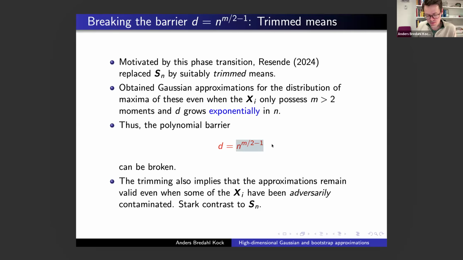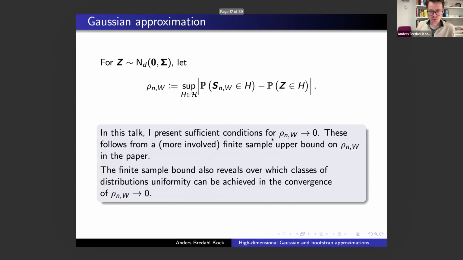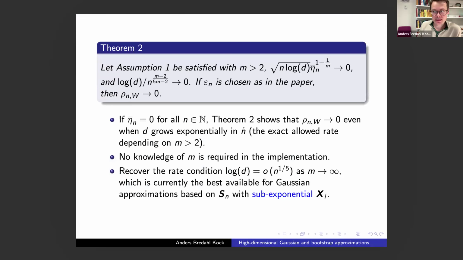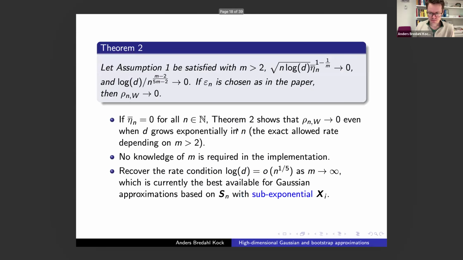So they cannot generally grow at an exponential rate. This is in stark contrast to winsorized means here, where I can get an exponential growth rate of dimension in the sample size n, even when I only have a fixed number of moments m. Okay, that is what I want to say about this slide here.